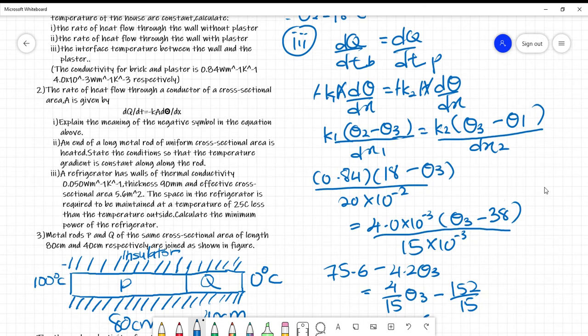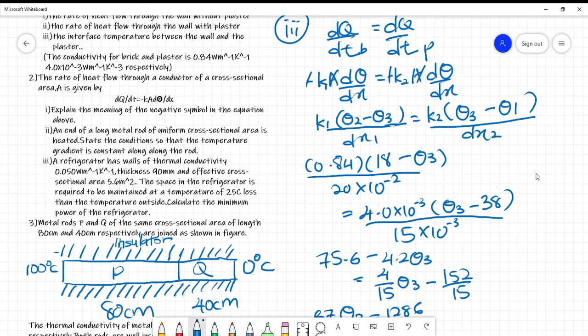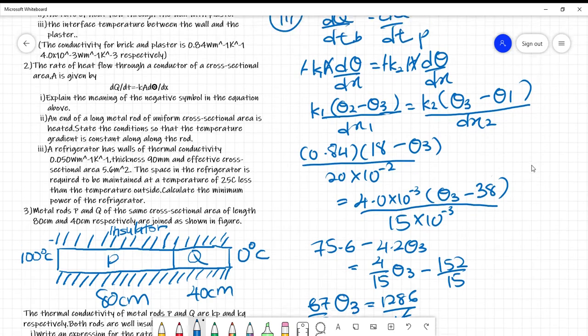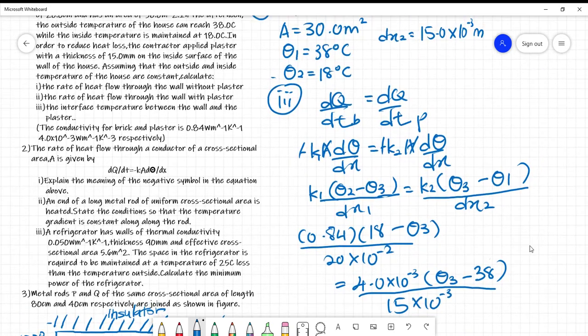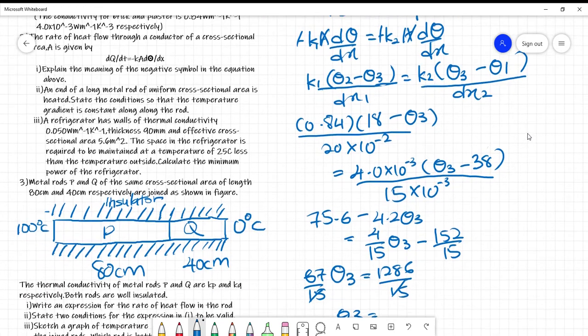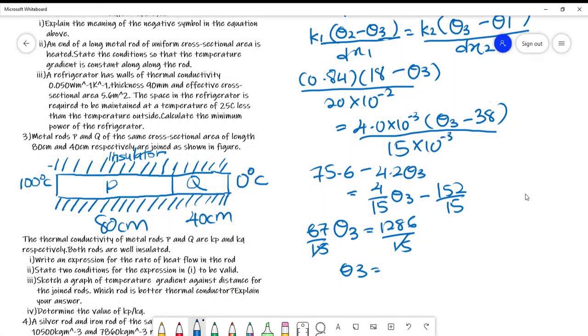Theta minus 38, is it 38? Yes. Okay, so what are the mistakes here? The answer should be 36.81, but the answer I get is actually 19.19 degrees Celsius.